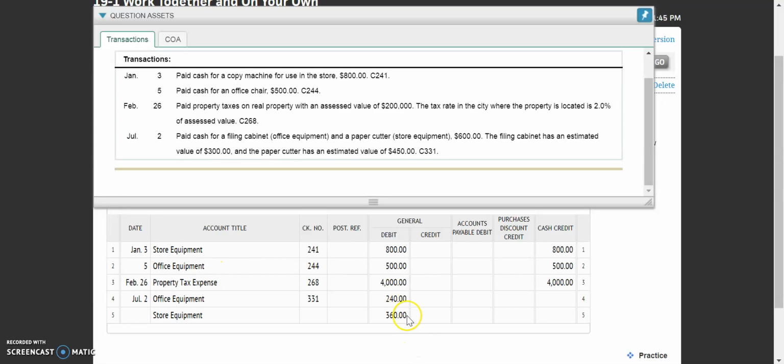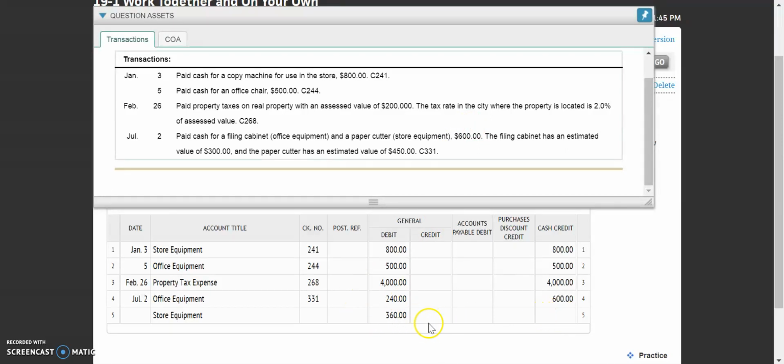And then the total of these two together obviously has to be a credit to cash, which if you remember, we paid $600 for the two assets right here. When we add those two together, 240 and 360, we wind up with the 600.